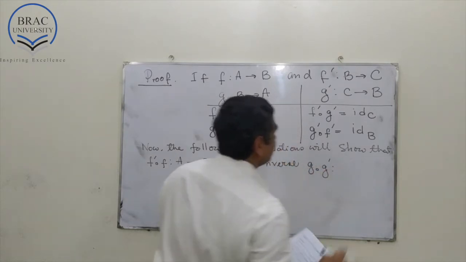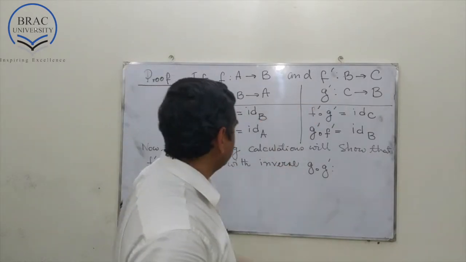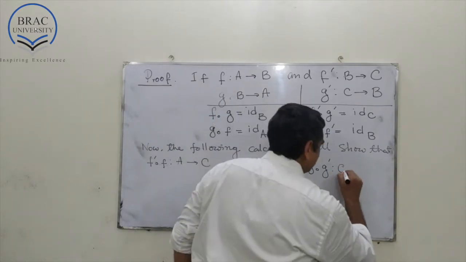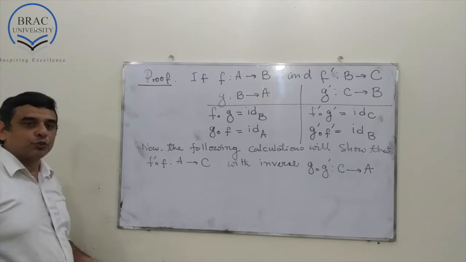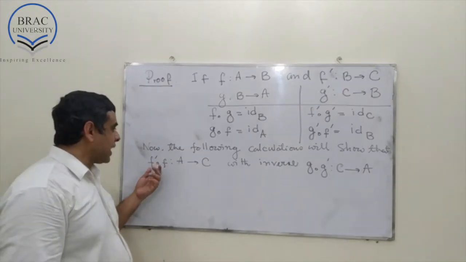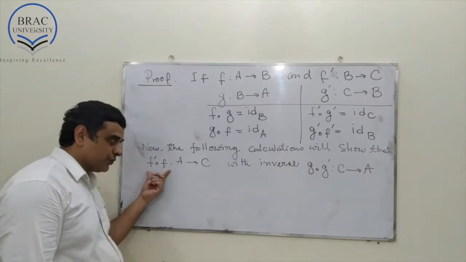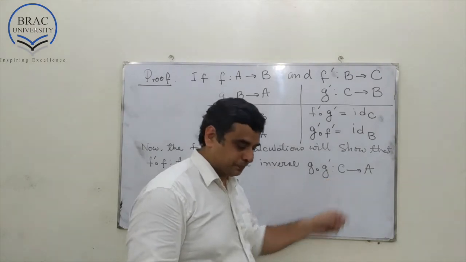One can easily see that G composed with G prime starts at C and ends at A. So this is what we want to prove: that the inverse of this isomorphism is precisely this map.